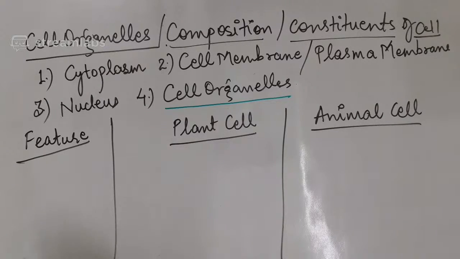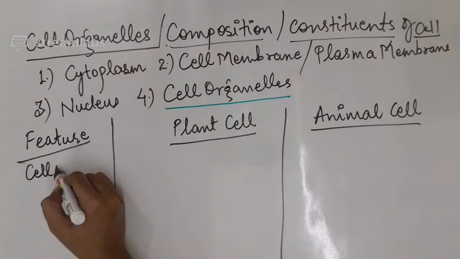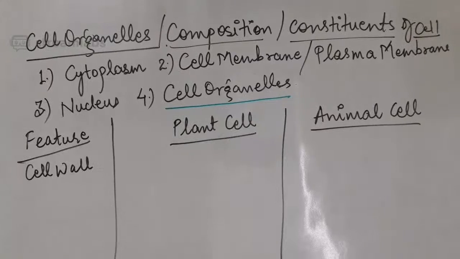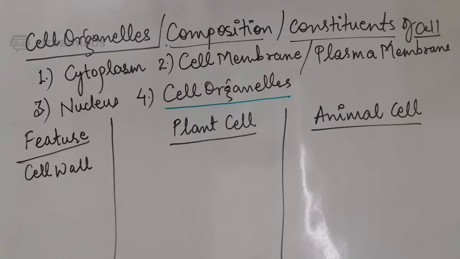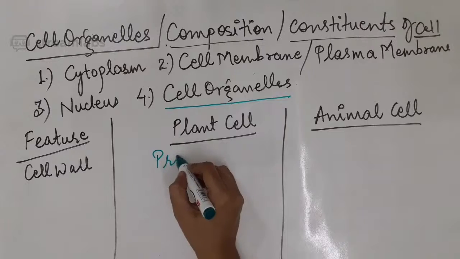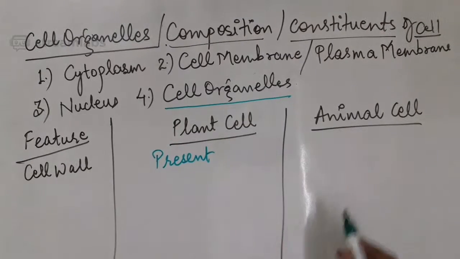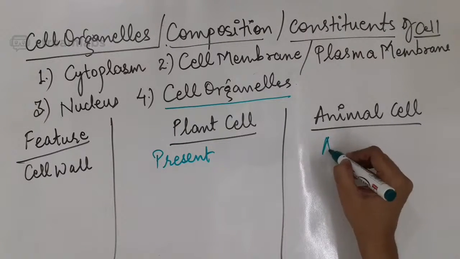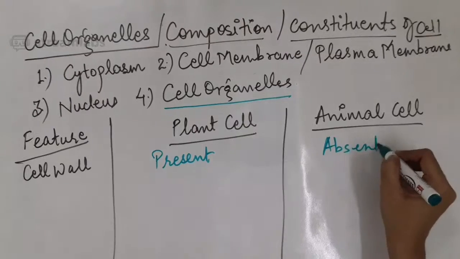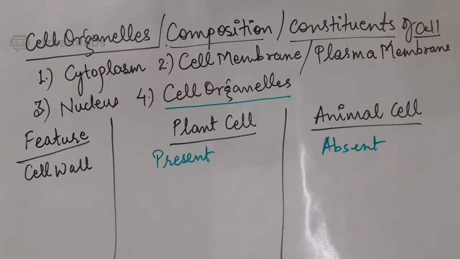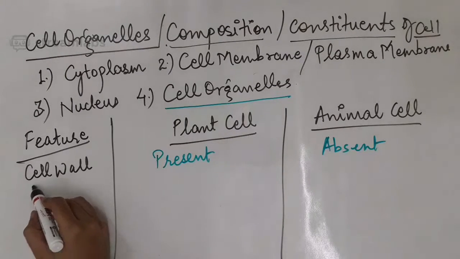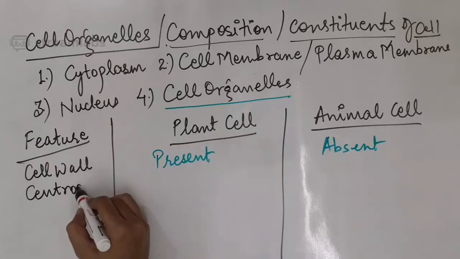Feature like cell wall. It is only present in a plant cell, but absent in animal cell. Second, the centrosome.